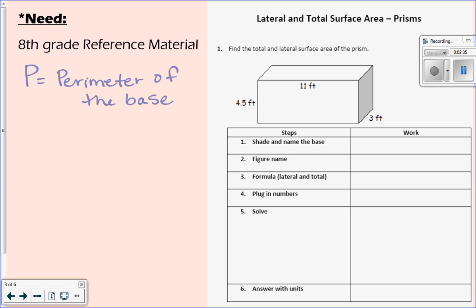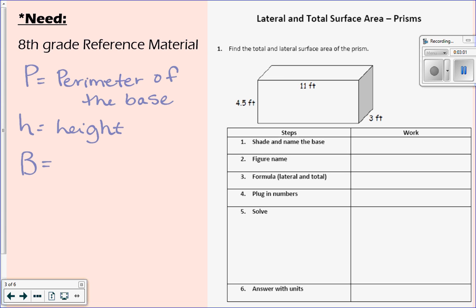All right, and then you have an H. It's P times H. What does H represent? You should know that one. You got it. That is the height of your solid. Okay? So you have P times H plus 2 times a capital B. Remember we labeled everything with a capital B yesterday.